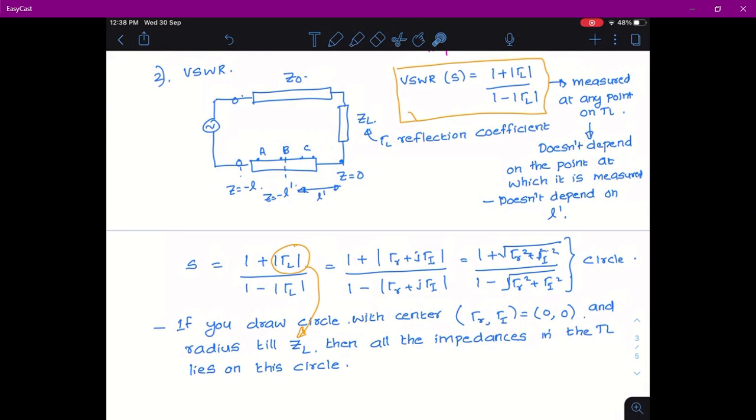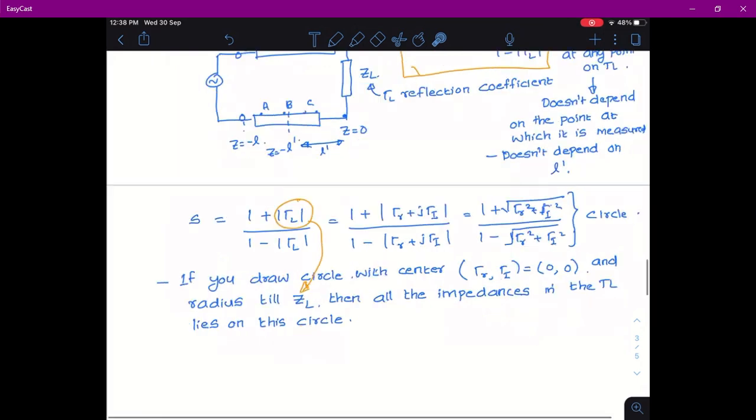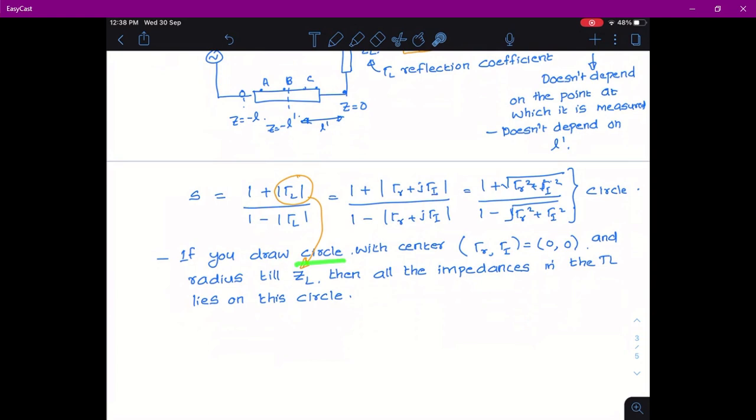So each point in the transmission line you can represent in the Smith chart, and each point should lie in the constant SWR circle. So this circle is called the constant VSWR circle.